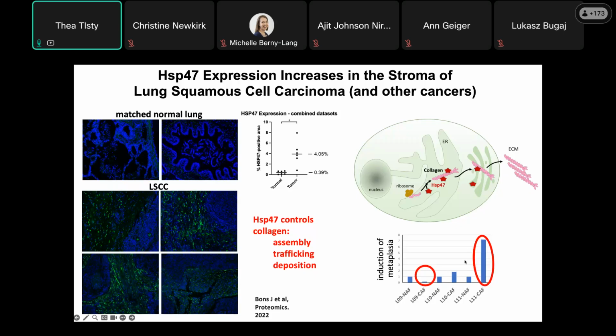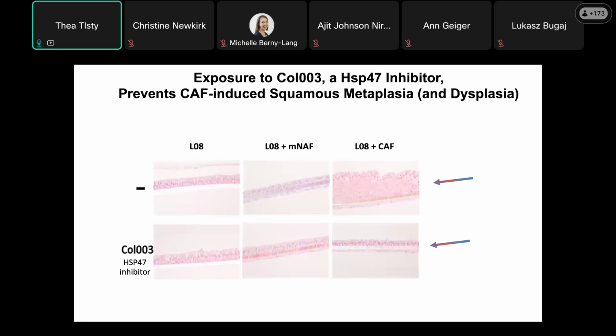If we take these fibroblasts that could not induce metaplasia and now overexpress HSP47, they now robustly induce metaplasia and dysplasia, telling us that the expression of HSP47 is sufficient and necessary in order to induce the initiation and progression of these types of cancers.